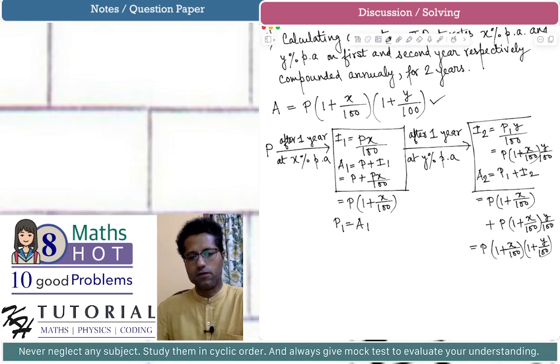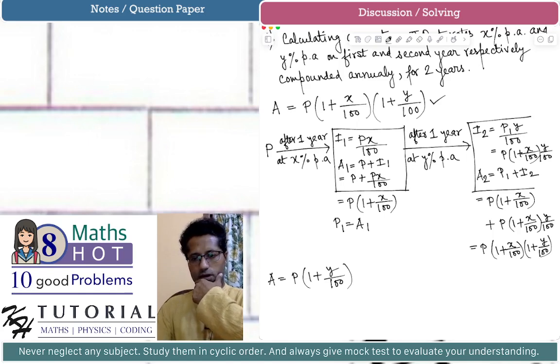then the formula will be A is equal to P multiplied by 1 plus, for the first year, the amount at the end of the first year will be P into 1 plus y by 100, and this P into 1 plus y by 100 will be the principal to be considered for calculating the interest at the end of the second year.